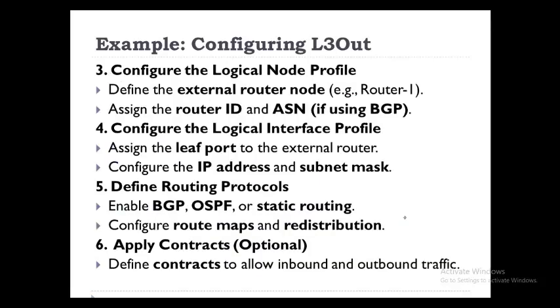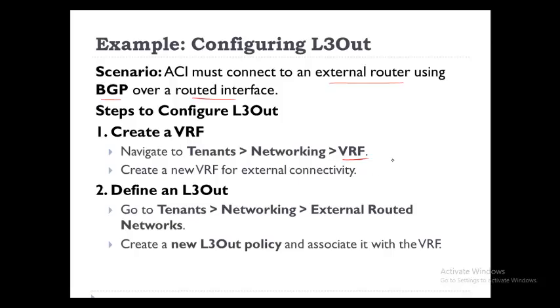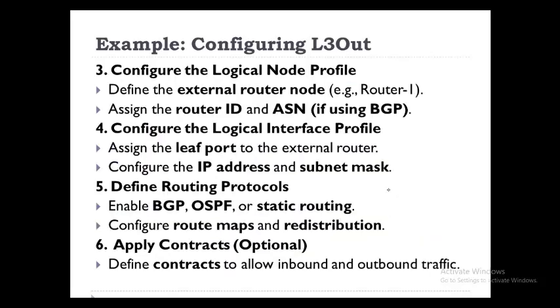What does that mean? The router needs an autonomous system number. See, this VRF that you created, it's a virtual router, which is going to talk to the external physical router. Now, this internal router needs to talk to an external router with an autonomous system to form neighbor.